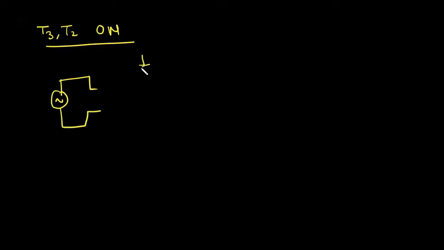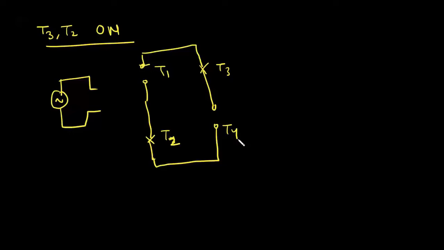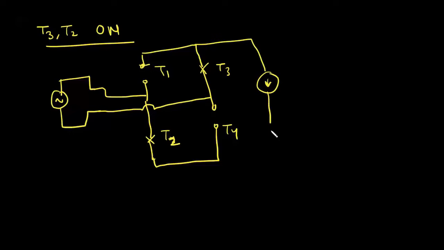So when T3 and T2 are on, the equivalent circuit is: T1 is off, T2 is conducting, T3 is conducting, and T4 is off. This is VAC.